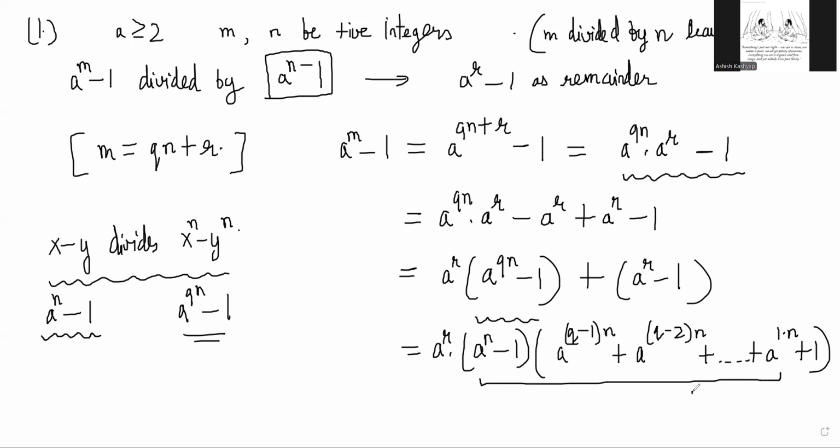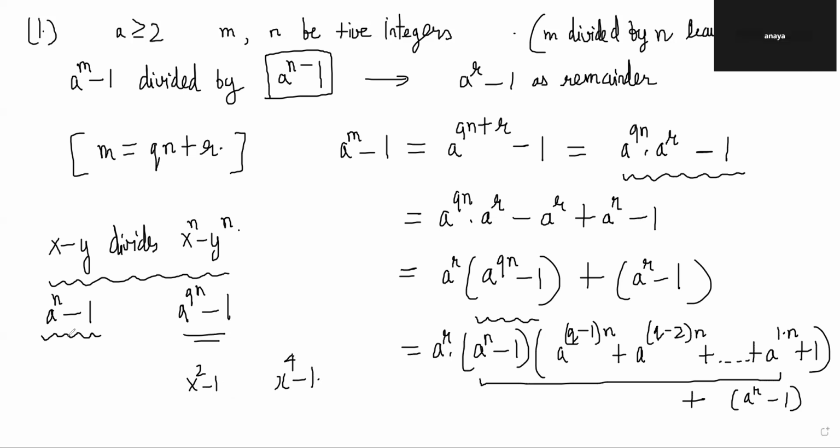What am I saying here? Think about it. x square minus 1 will always divide x power 4 minus 1. We are using this result. You can divide it and see what you will get.